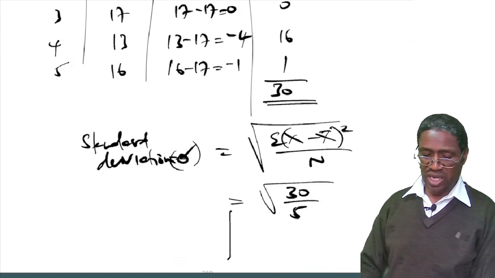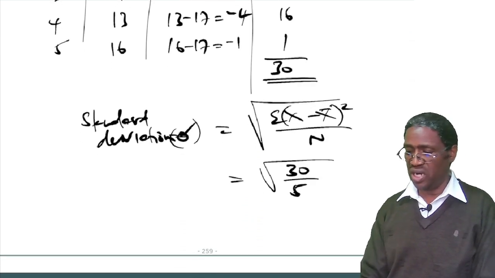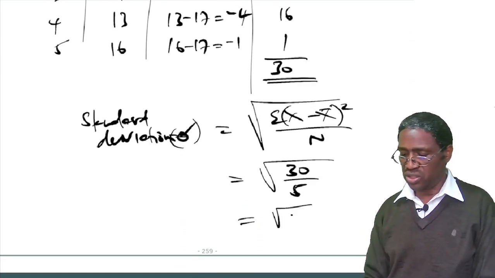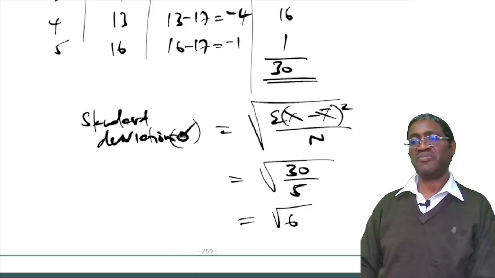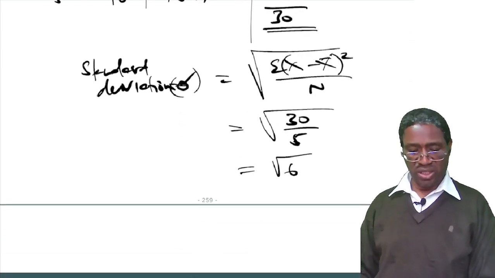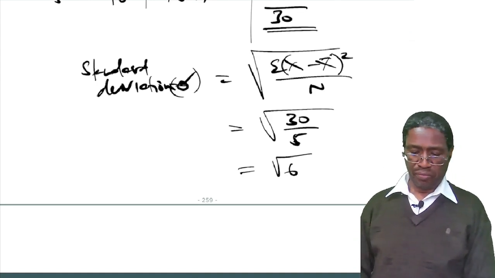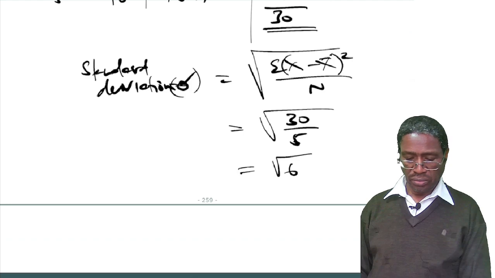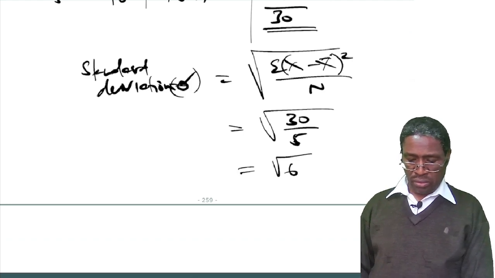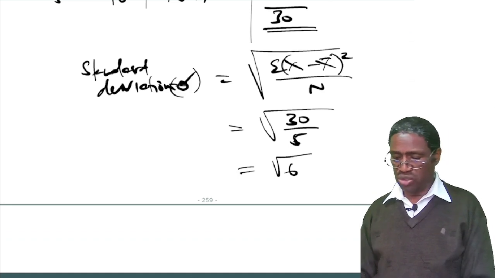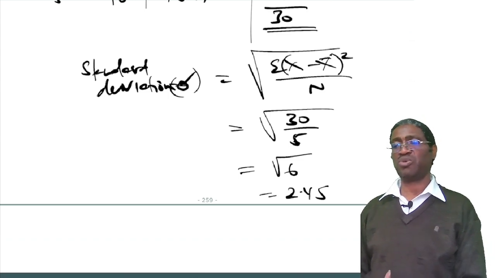So it is the same as square root of 6, since 30 divided by 5 is 6. What is the square root of 6? That's about 2.45 to the nearest 2 decimal places.